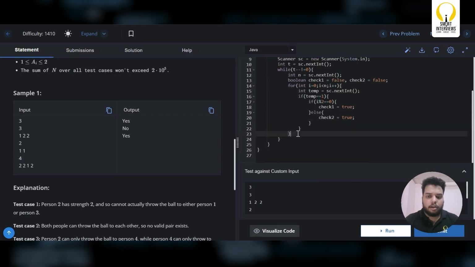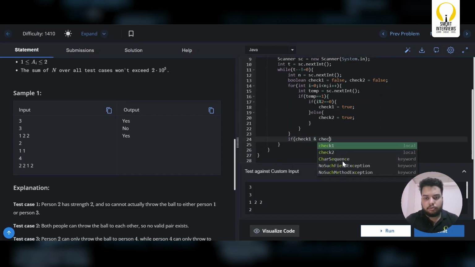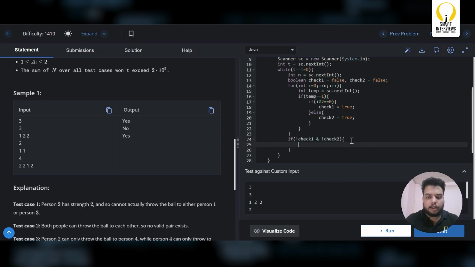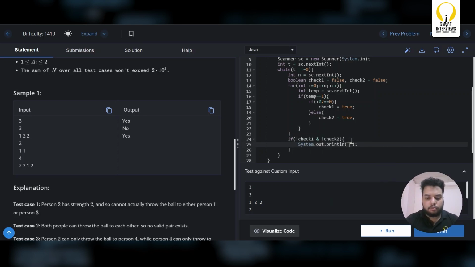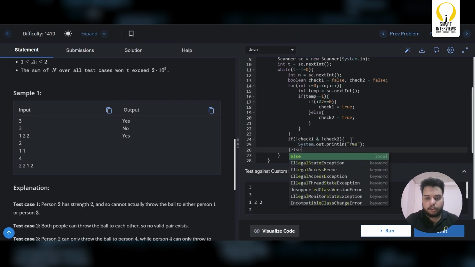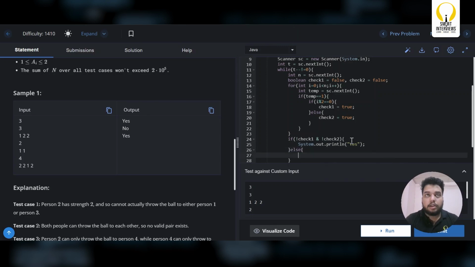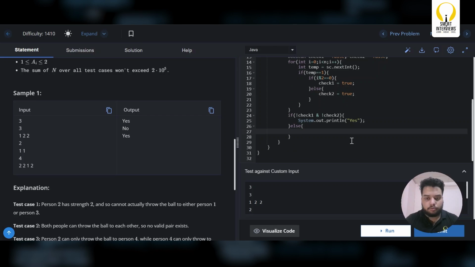At the end, if both are false, then I can tell that there can be no deadlock. So the answer should be yes. Otherwise, in any other case, it should be no. There can be a deadlock. There cannot be a deadlock if both are true.